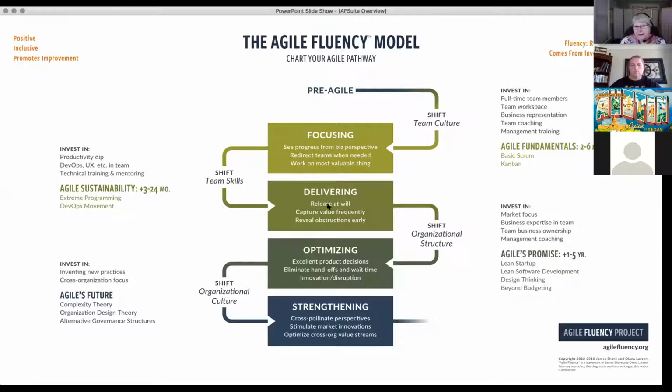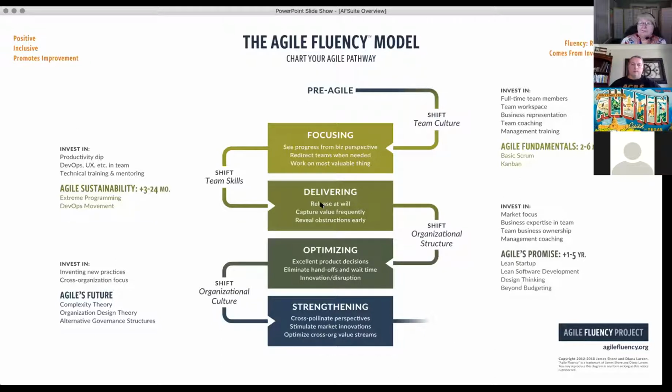For, I would say, 70 to 80% of the organizations we talk to, the team behaviors and team outcomes they want are somewhere in these two zones. But that's not true for everyone.